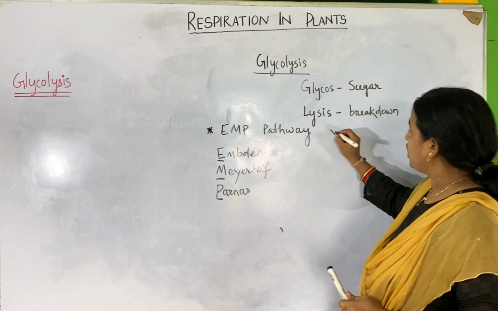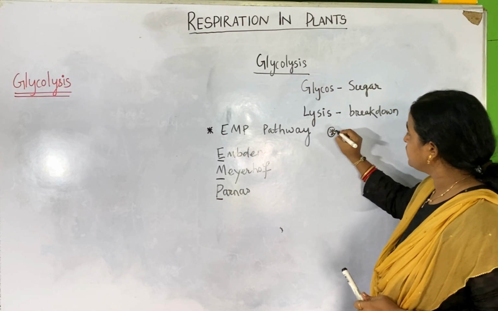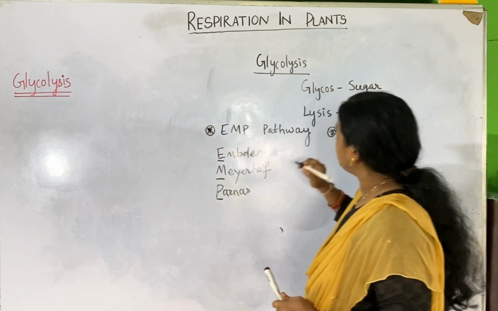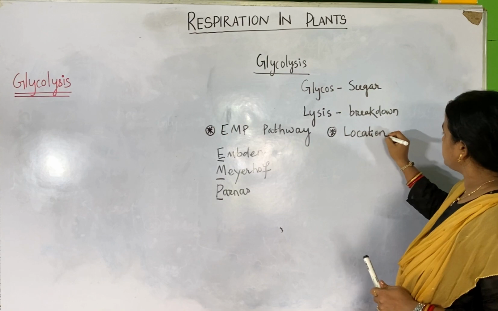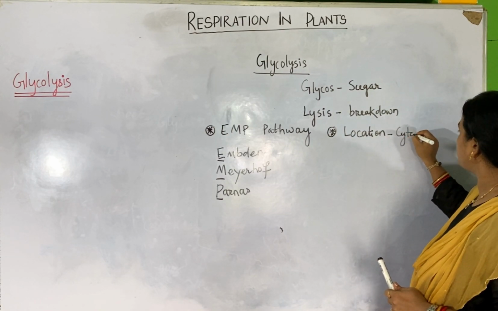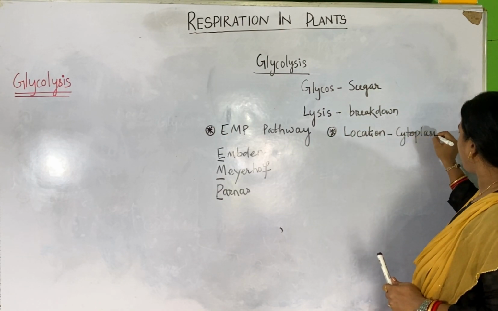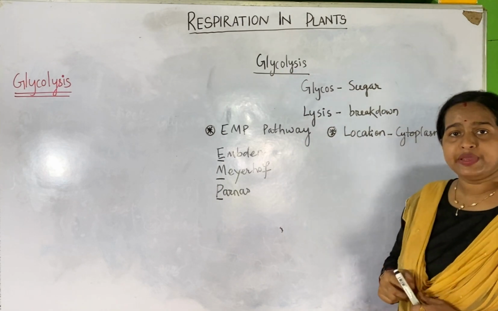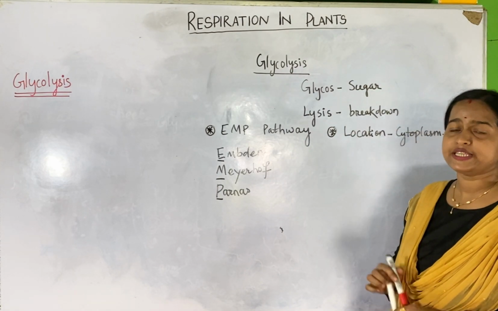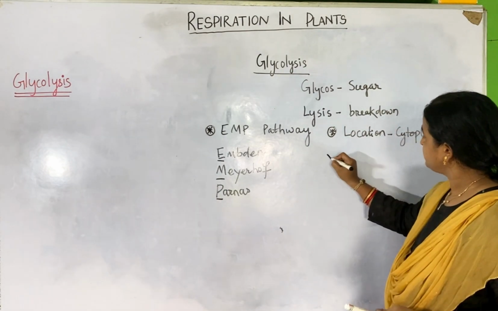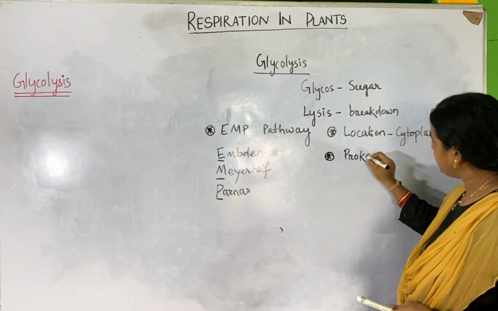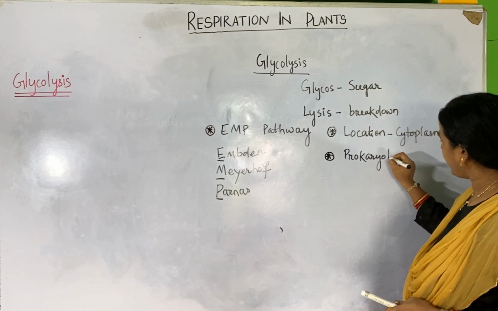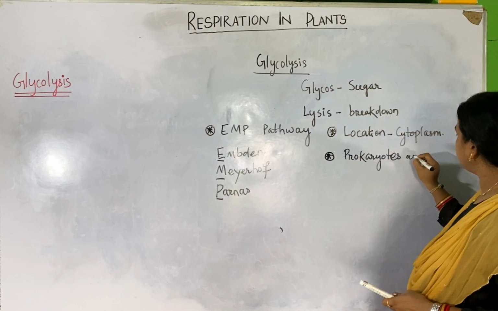And the location, or you can call the site of glycolysis, is the cytoplasm. So the location will be the cytoplasm of the cell, and it happens both in prokaryotes and eukaryotes.